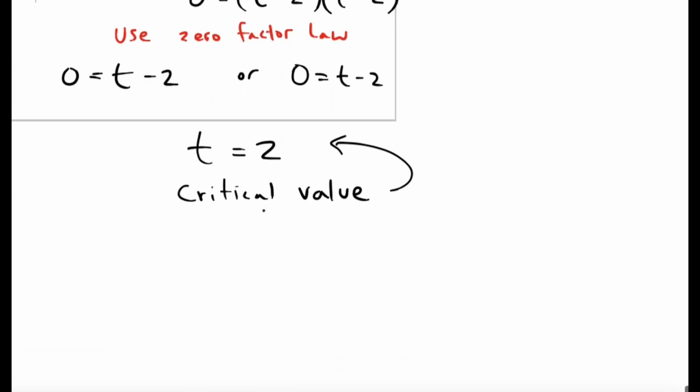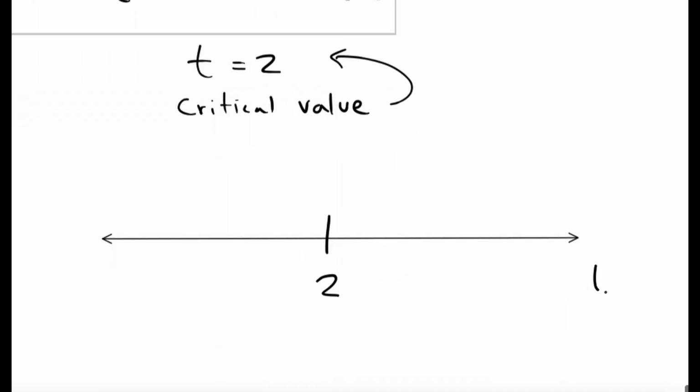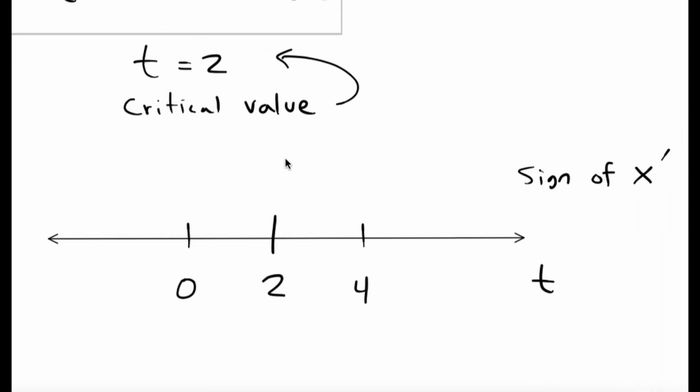In order to determine whether it would be, what we do in the first derivative test is we experiment with values of t that are around 2, such as 0 or 4, and we know that the sign of our first derivative at 2 is of course 0 because we had set it equal to 0 in order to find 2. We want to know what the sign is like to the left and right of 2.